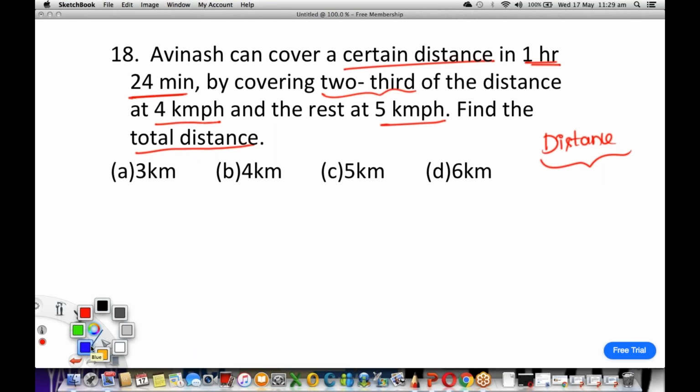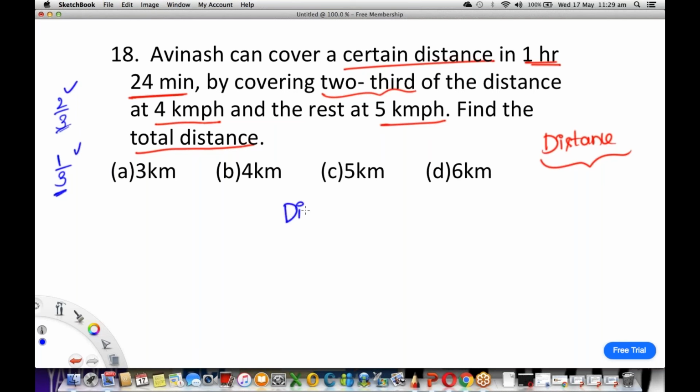If you look here, you have the fraction 2 by 3, and you have one more fraction, the rest. Rest means if two parts are gone out of three parts, the leftover will be one part. So one part out of three parts is the rest. So I have a denominator of 3.